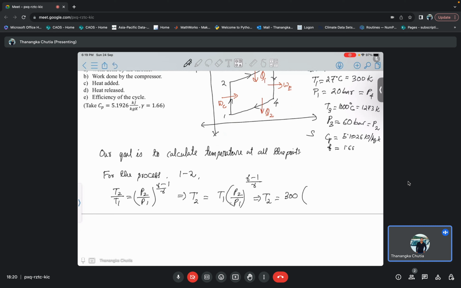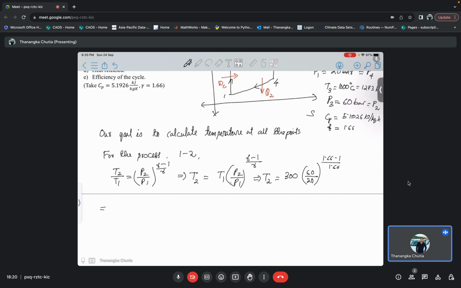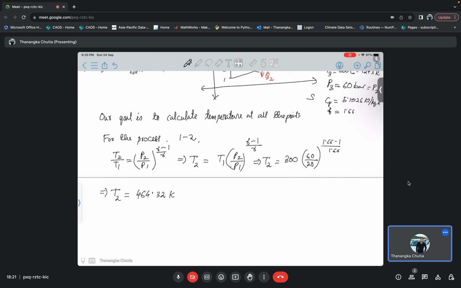Okay, P2 is 60, and this is 20 to the power 1.66 minus 1 divided by 1.66. Okay, so from here T2 is equal to what? 464.32 Kelvin. Okay, so this is T2.